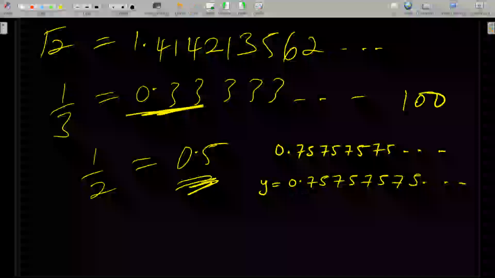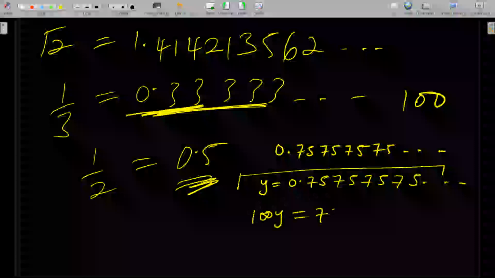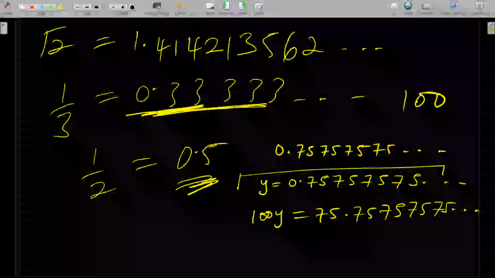If it was one number like 0.33, you would just use 1 with one 0. You multiply both sides. So this first one will be your first equation. Then when you multiply both sides of the equation by 100, you get 100y equals 75.757575 going like that. Then you subtract these two equations.